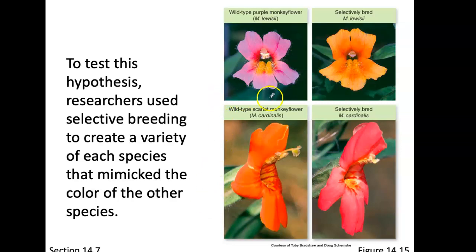So when I started with one that was very purple, every time one was a little more orange, I bred it again to the orange one and back again to one that was a little more orange, until after various generations, you get one that's a little more orange. And you do the same with the other wild type, with the cardinalis that used to be quite orange, and it's shifting over to being more pink because you've crossbred it over and over again, always selecting for the more pink one.